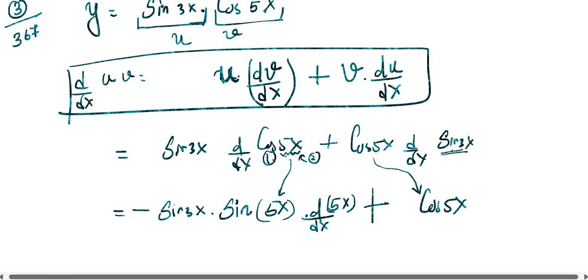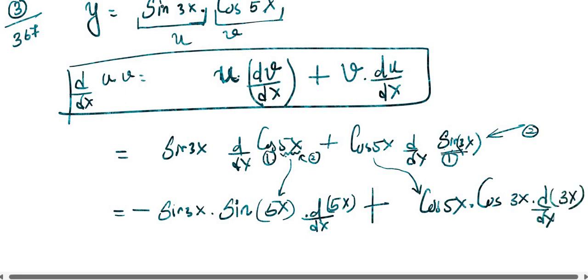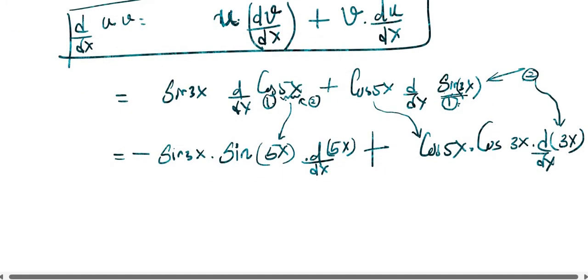What is derivative of sine 3x? Sine is the first function and the part 3x I will take as the second part. So derivative of sine is cos 3x. Perfect. And what is derivative of 3x? We will do it now by chain rule. First I have treated the first, then I am doing the second. Is it clear?